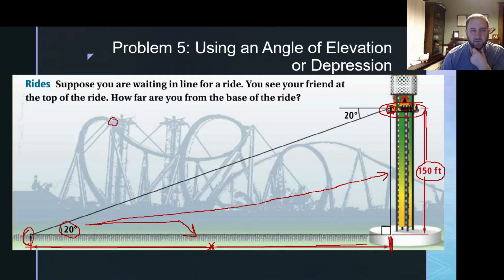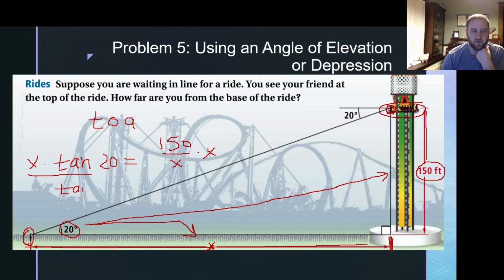So we want opposite over adjacent. Which trigonometric ratio can we use to do opposite over adjacent? Well, that is tangent. So what we want is the tangent of 20 degrees, and that's equal to opposite over adjacent, which is 150 over x. Now if we solve for x, first we'll multiply by x on both sides, and then we're going to divide by the tangent of 20.